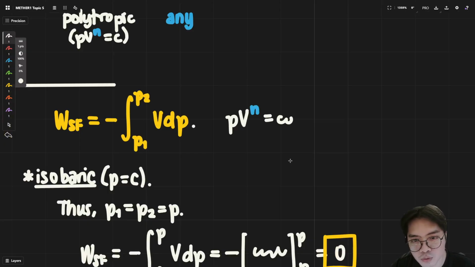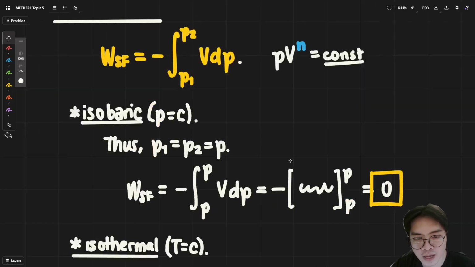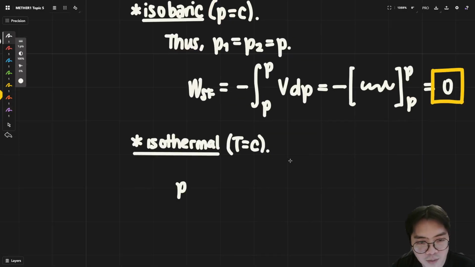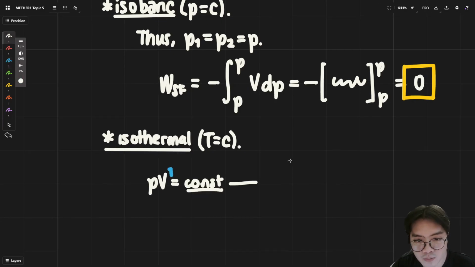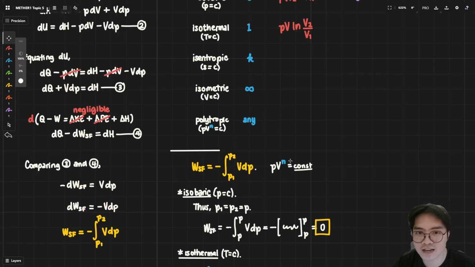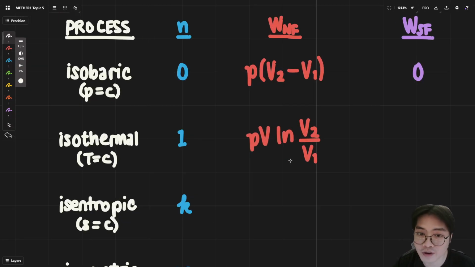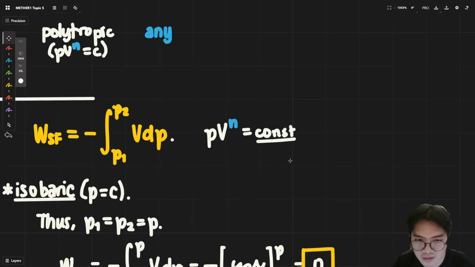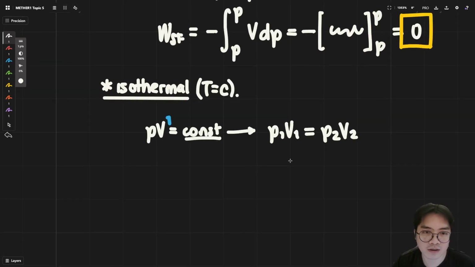This is now PV raised to 1, so PV is constant, which means that P1 V1 is equal to P2 V2. This is why the PV works for either state. Okay, let's now go through this.